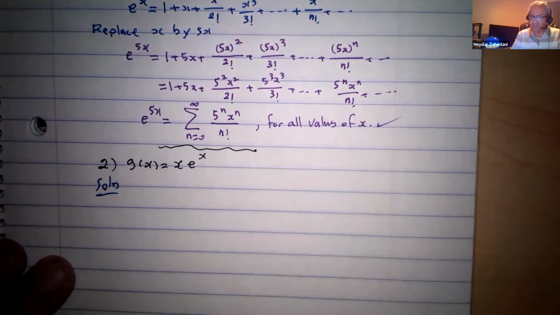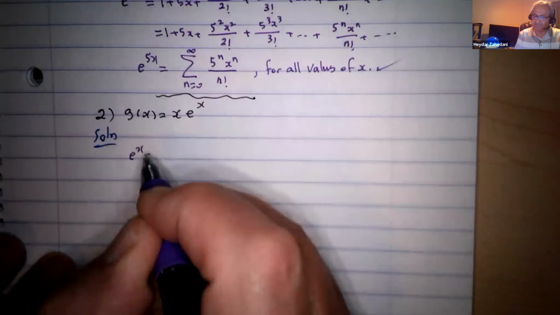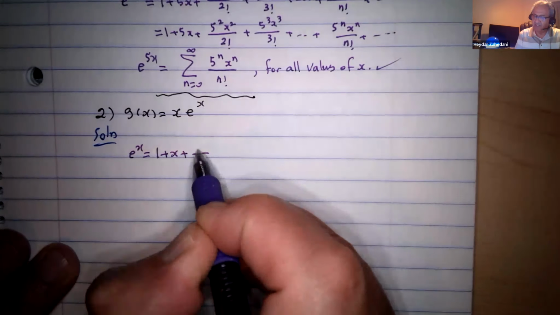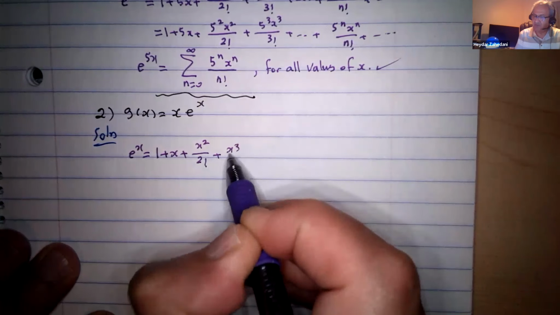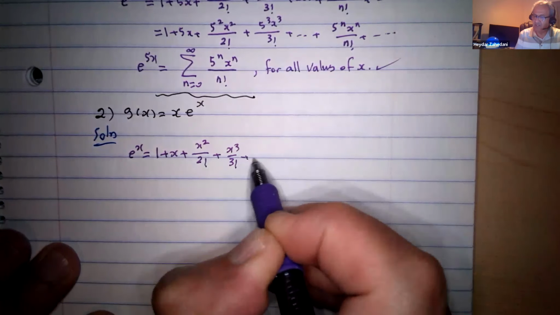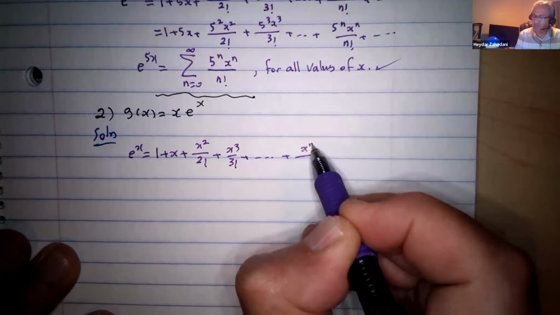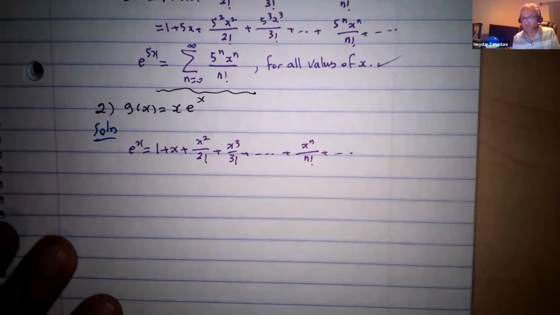you start with e to the x. Again, e to the x is 1 plus x plus x squared over 2 factorial, x to the third over 3 factorial, and the general term, x to the n over n factorial, etc. What do you want?